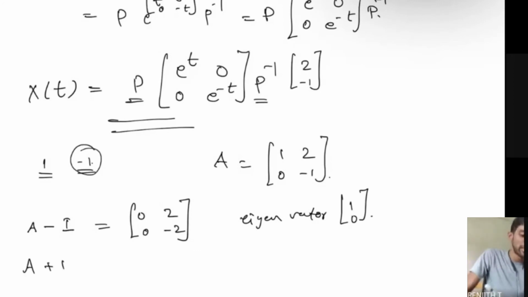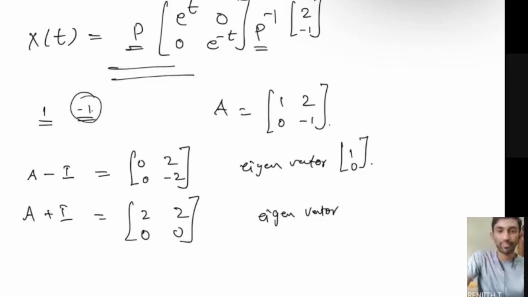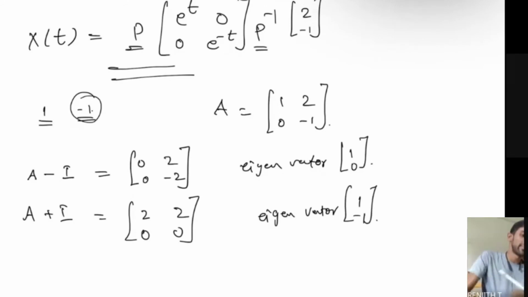It is A plus I. What will be A plus I? 2, 2, 0, 0. The eigenvector corresponding to this is 1 and -1.